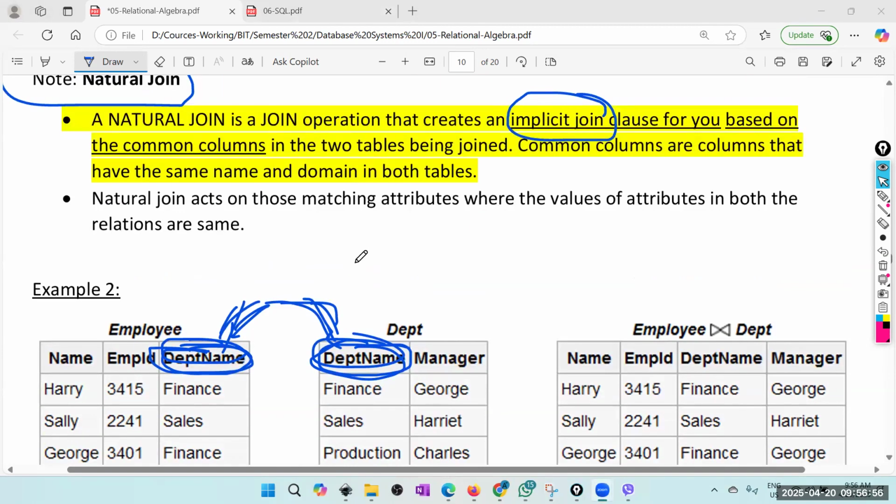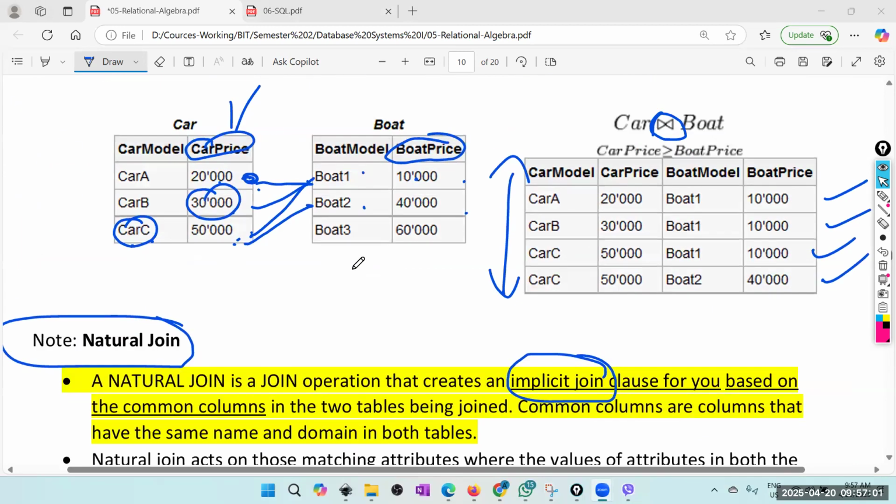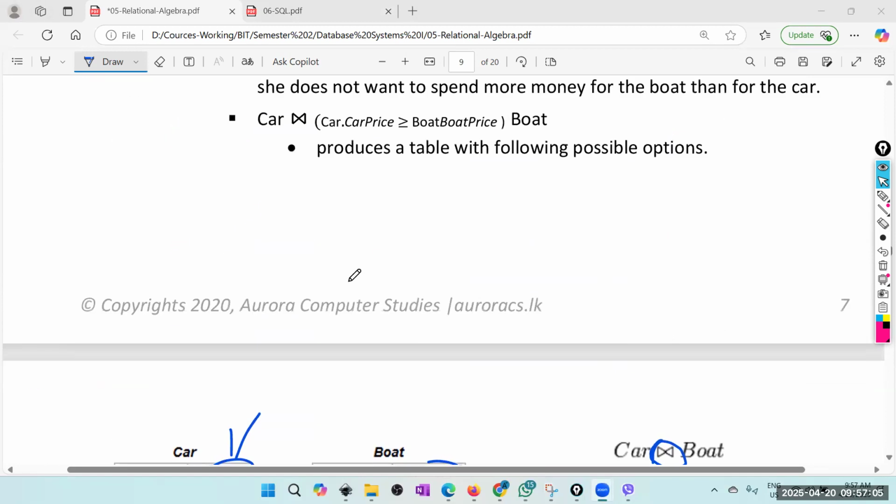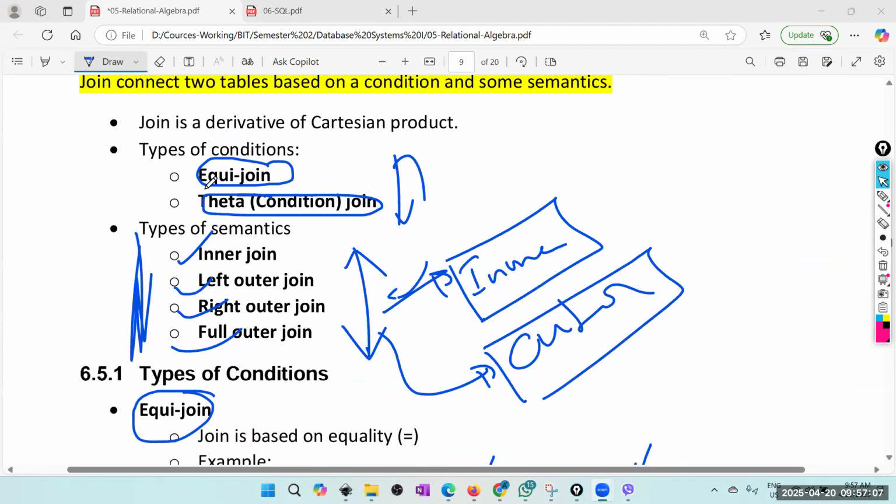Right. So now we have all the classifications: inner join, left outer join, right outer join, and full outer join. Then equijoin versus theta join. Equijoin means equality is used for your join, whether it's inner, left outer, right outer, or full outer.